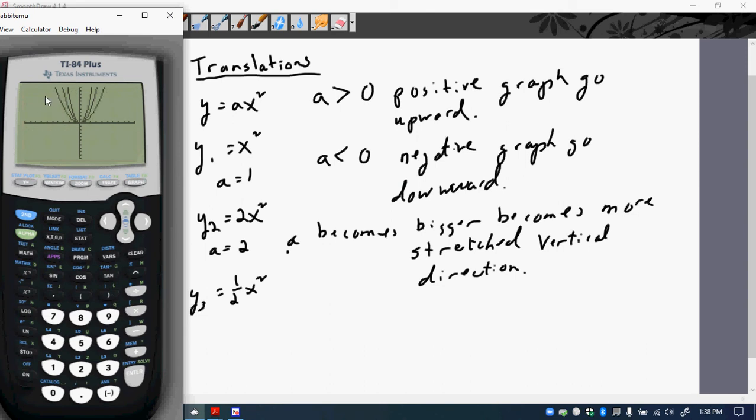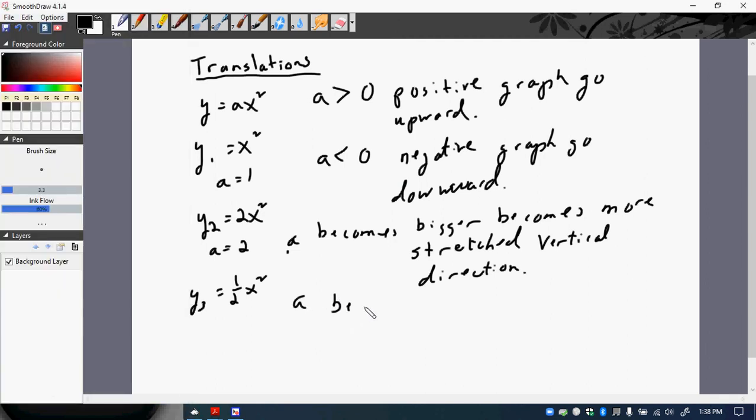So as a becomes less than 1, then it becomes less stretched.